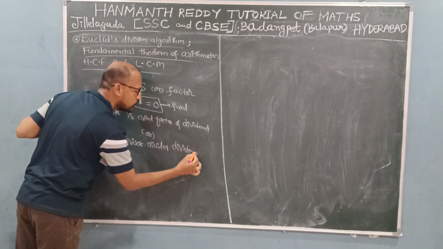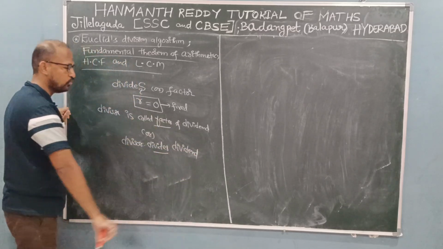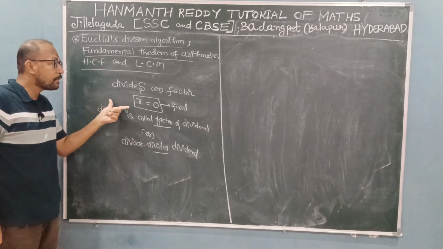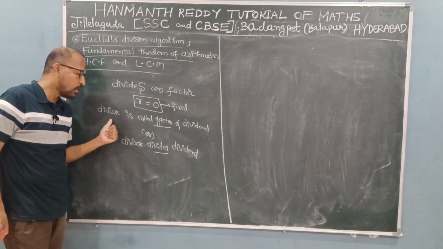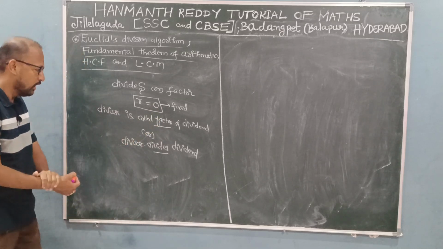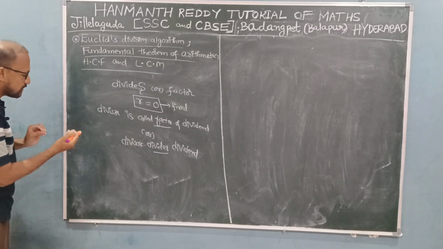This is the word I can use. Divides or factor, both are the same. It is nothing but, in the process of division, if we get the fixed remainder 0, then we call the divisor a factor of the dividend.